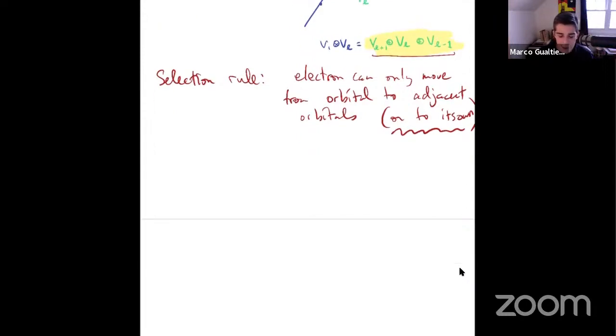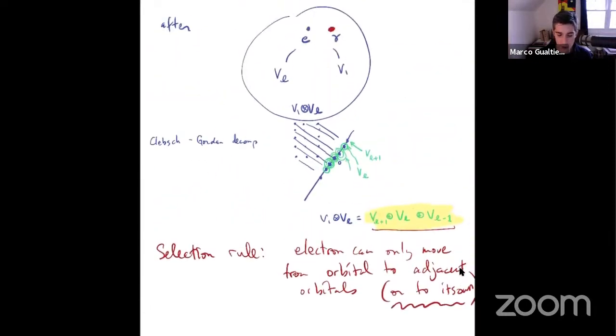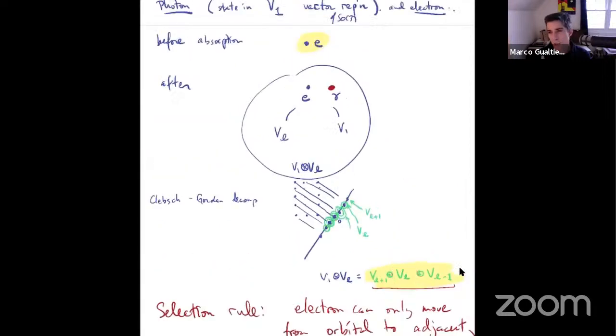This one is quite interesting. I just want to make sure that I stated correctly. There's a more fundamental reason why this is happening. The reason why this middle one is excluded is because the photon is massless.